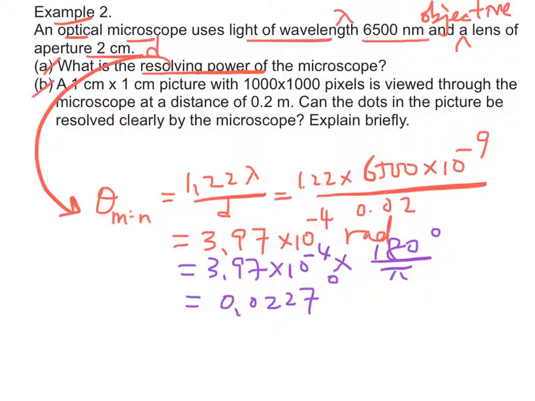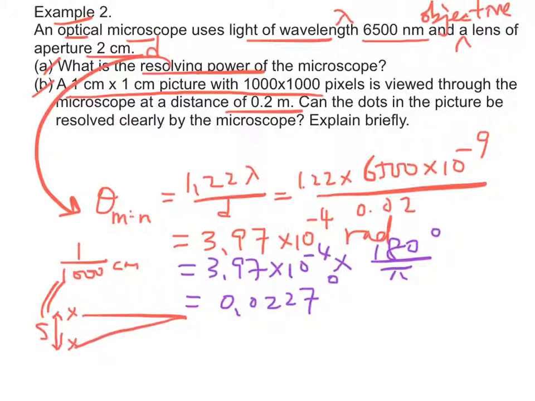For part B, the separation between successive pixels S is equal to 1 over 1000 cm, and the distance is r equal to 0.2 meters from the lens.